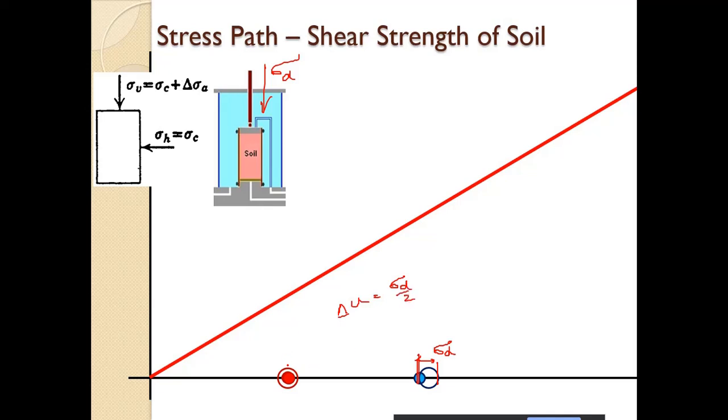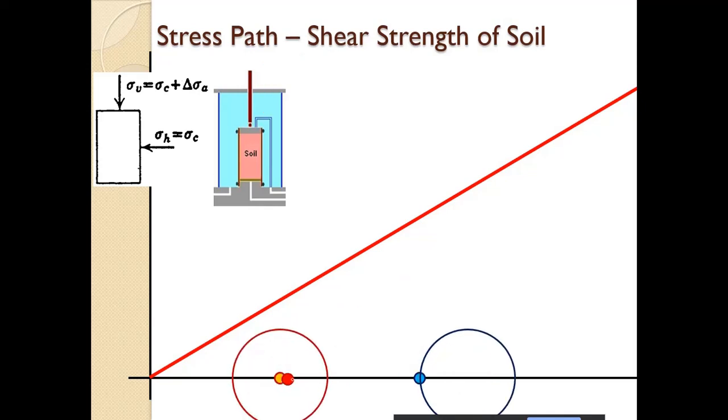So the pore pressure will be U plus sigma d by 2, this much. What will happen is that the mean will remain at that point, and the effective stress in the undrained condition will grow about that mean like this.